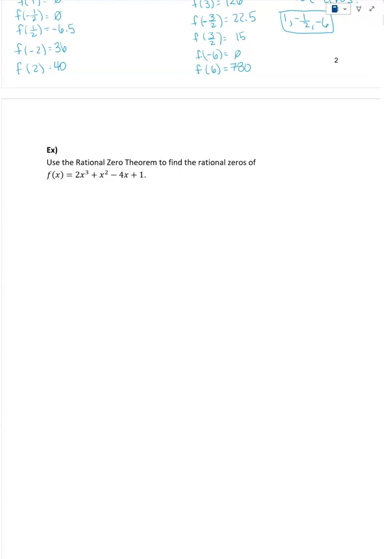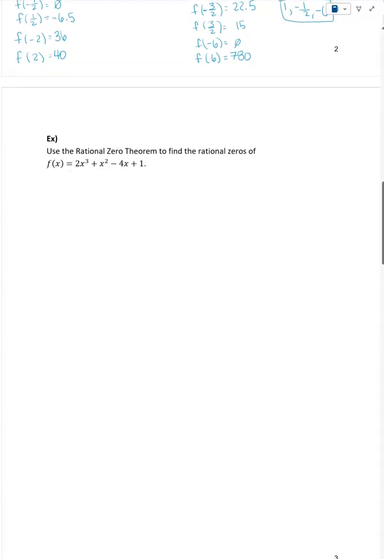Now let's use the rational zero theorem to find the rational zeros of 2x cubed plus x squared minus 4x plus 1.